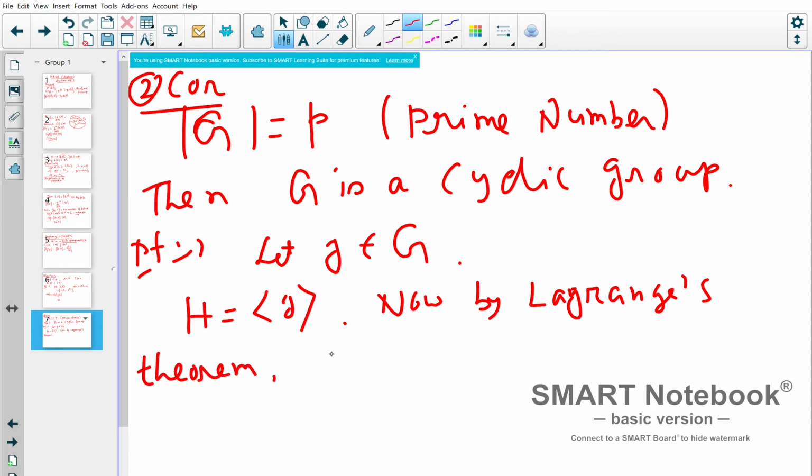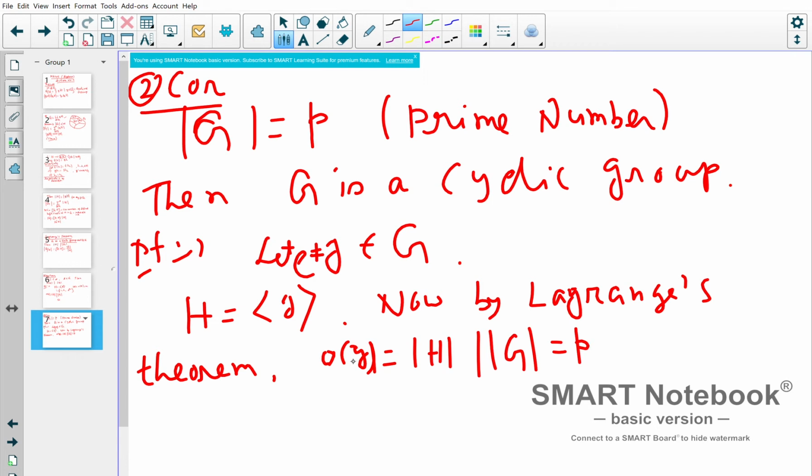You know that the order of small g, which is nothing but the order of H, divides the order of the group, which is nothing but the prime number, right? Now, I am choosing g not equal to identity. So I should write down that g is a non-identity element. So the order of g divides p, right? And p is a prime number.